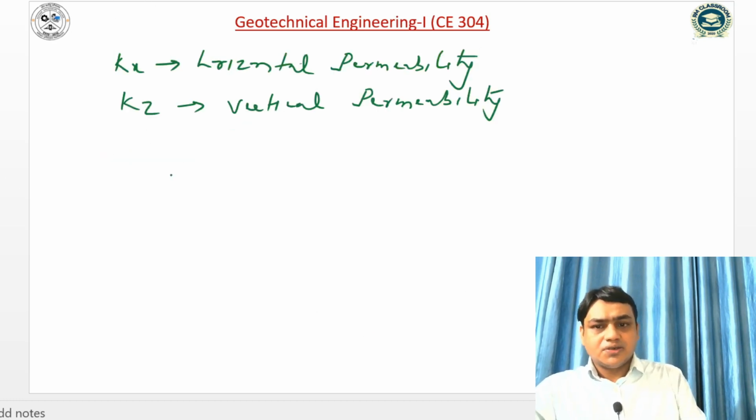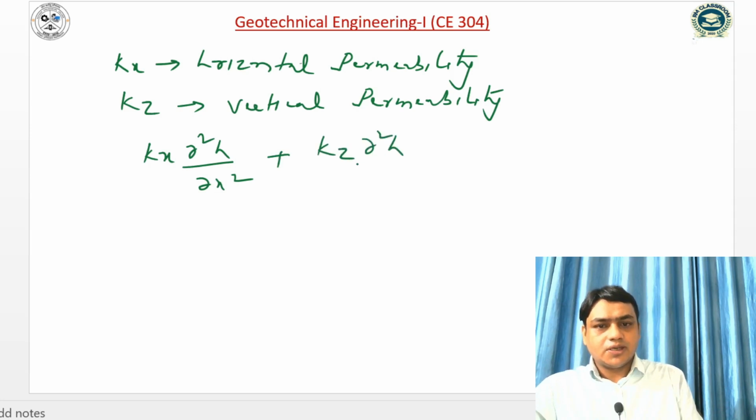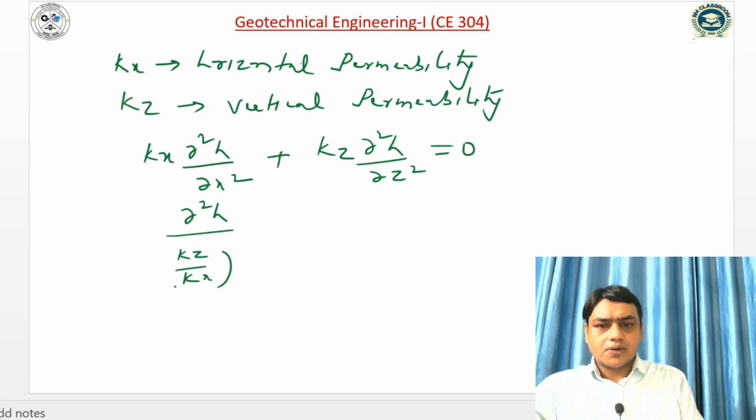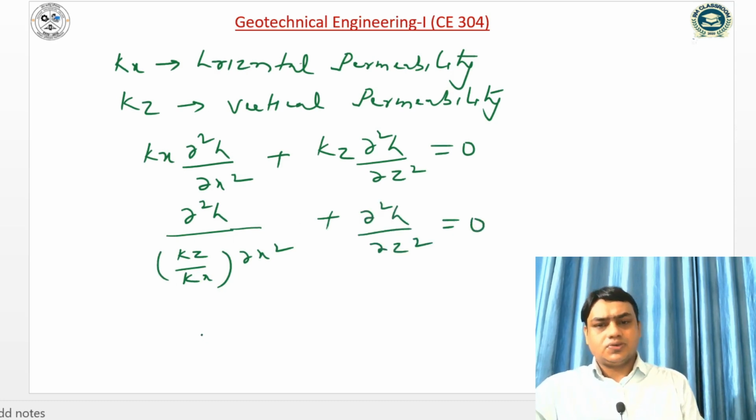We can write kx into del 2h by del x square plus kz into del 2h by del z square is equal to 0, or we can write del 2h divided by kz by kx into del x square, plus del 2h by del z square is equal to 0.